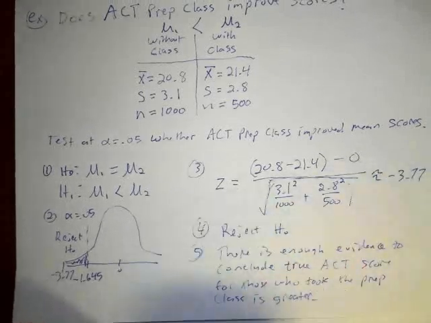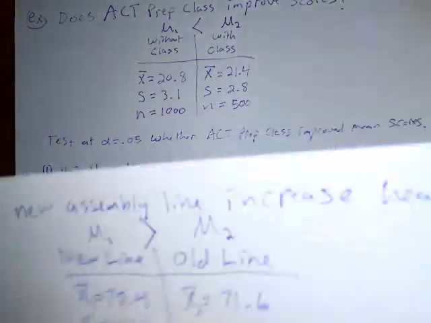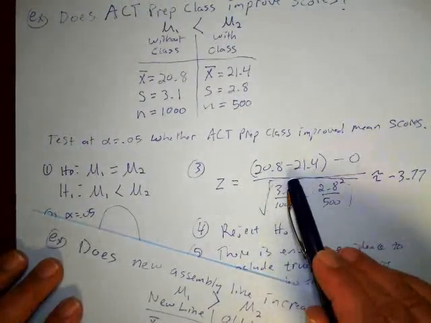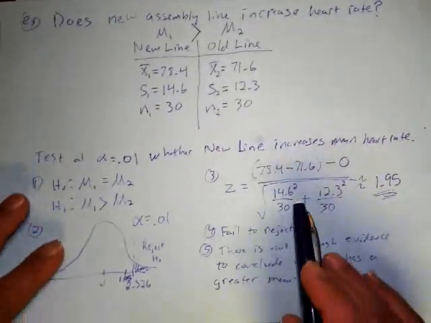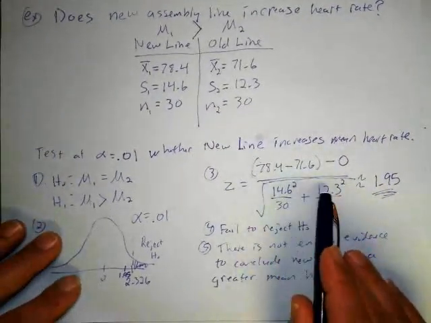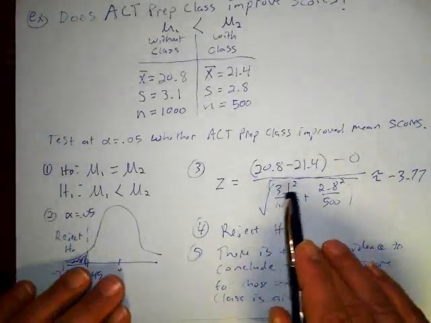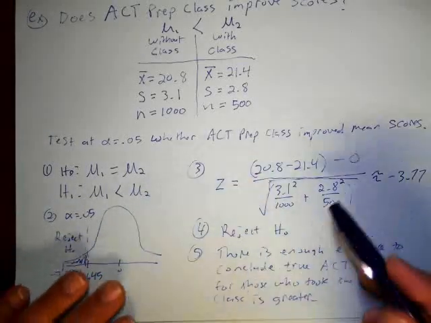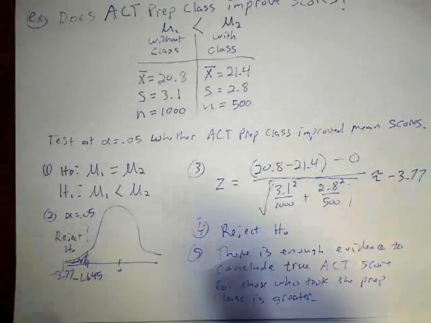Okay. One interesting thing is, why is this one so large and this one not so large, when really the difference between these two is a lot bigger than the difference between those two? The reason is this one had a lot bigger standard deviation and a smaller sample size. And this one, the standard deviation was smaller and it had a really large sample size. That made even this little difference into a big test statistic.